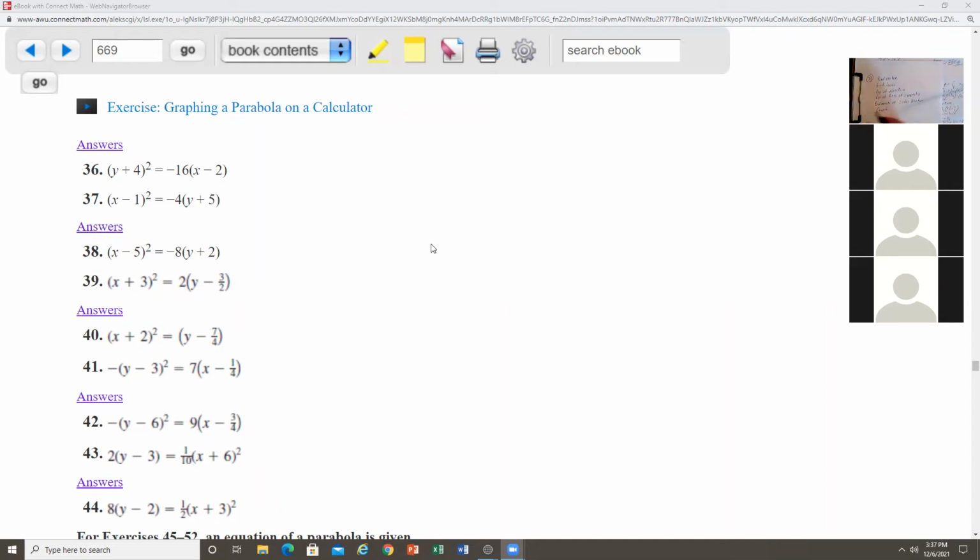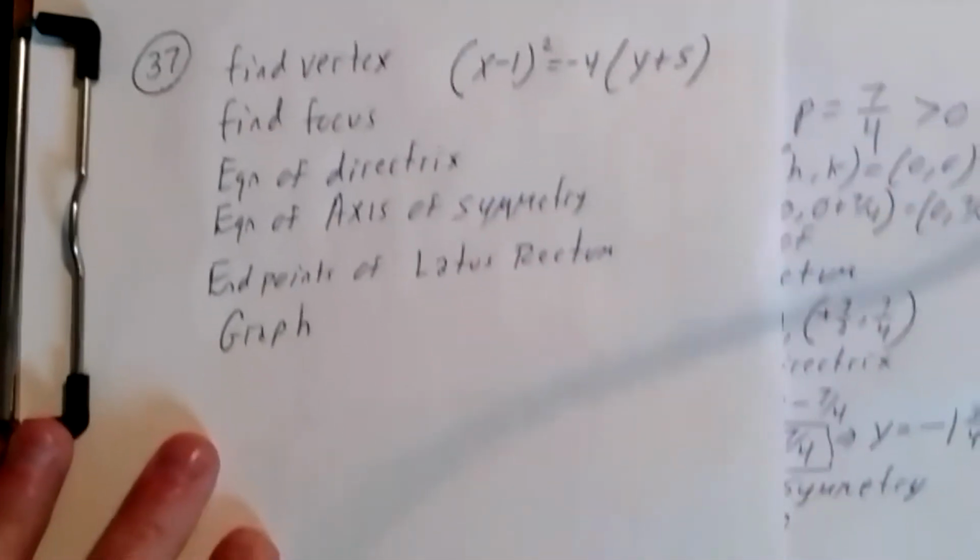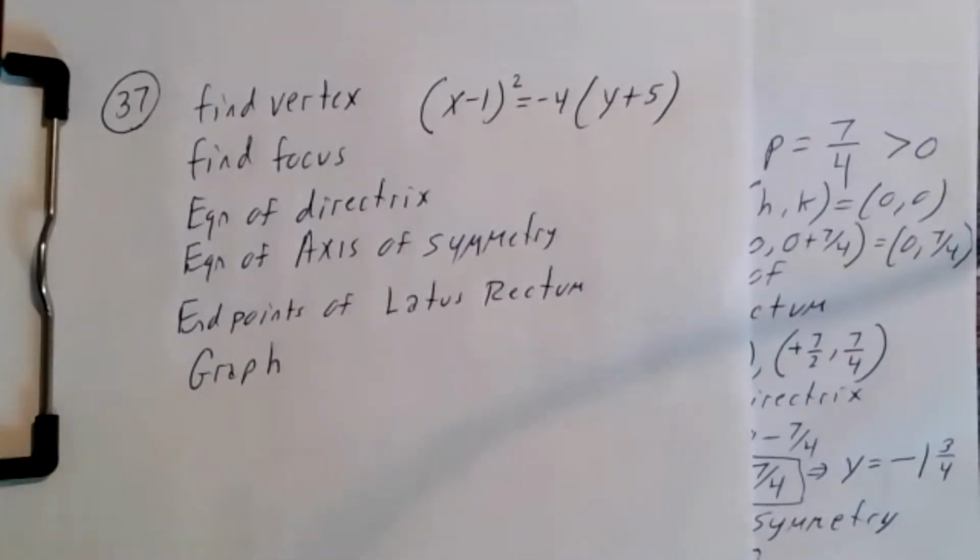So that's for number 37. The equation is (x minus 1) squared equals negative 4 times (y plus 5). All right, so see if you can do this problem. This is number 37 in section 7.3. This will be classwork number 1.